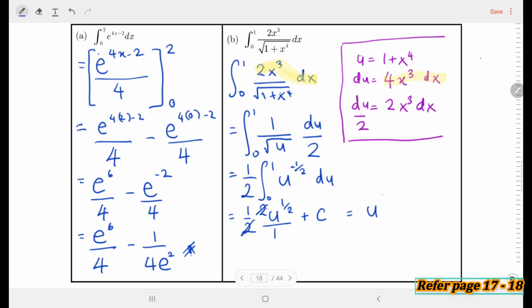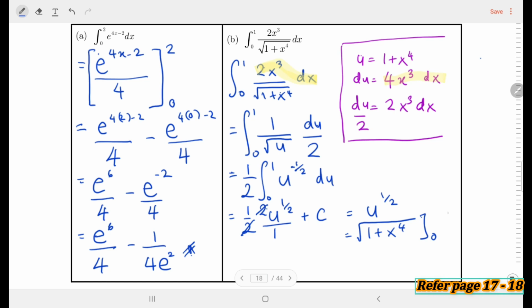So now the answer is u to the power of half. Now I change u back to the original function in x, which is 1 plus x to the power of 4, to the power of 1 over 2, which means the square root of 1 plus x to the power of 4.